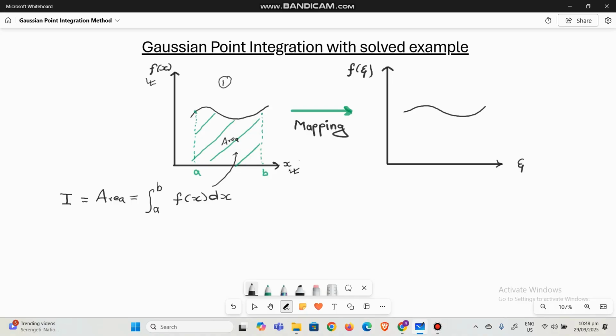But under Gaussian point integration system, we do things a little bit differently. Now, what we say in Gaussian point integration system is that, for example, let's take the same curve roughly.